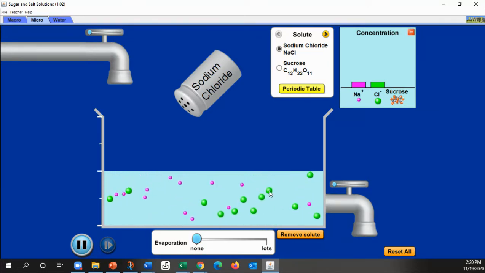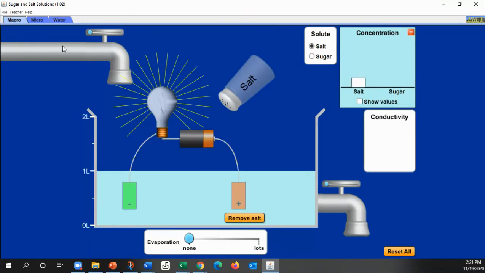That's causing these positively and negatively charged particles to run all through this water solution, which is allowing electrons to move all through this water solution. And because the electrons are moving, it's actually causing the charge to move and turn the light bulb on.